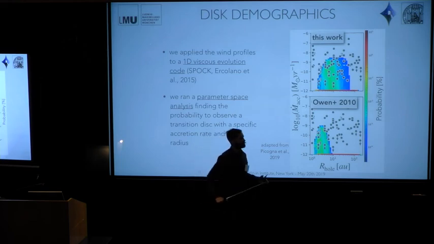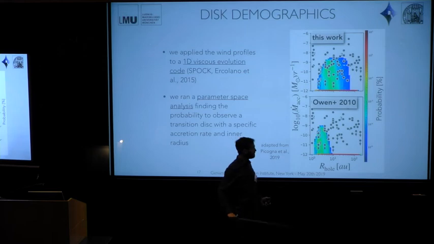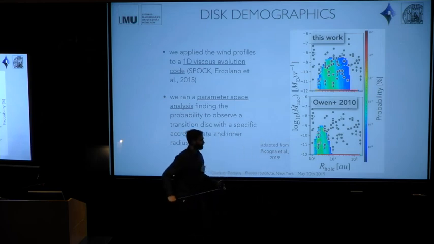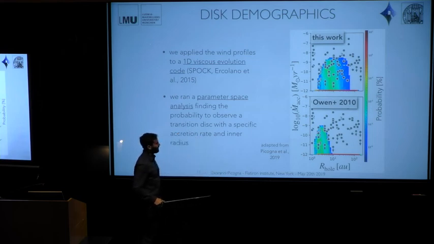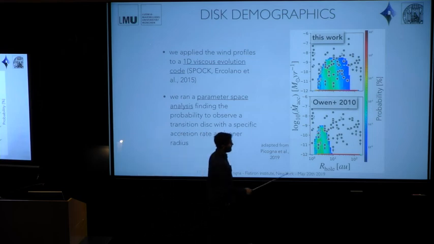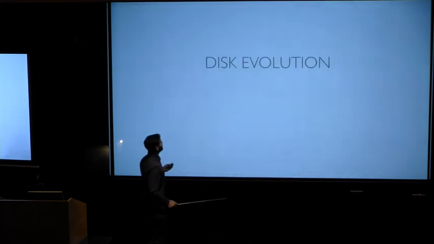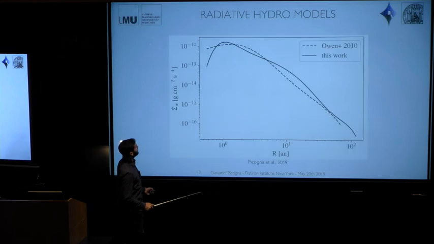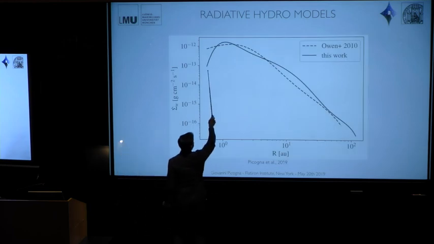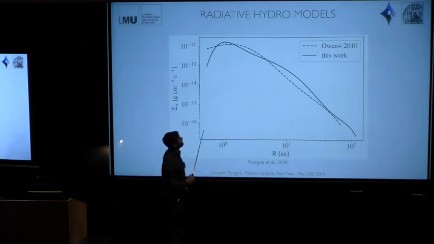What's the simplest way to understand the fact that you're pushing out by a factor of a few in radius, based on how you've revised the Owen et al. thermal descriptions? Yeah, so we are able to open a gap at several locations in the disks. Looking at this plot here, this is an important plot. We are looking at the solid line, which is coming from our work.